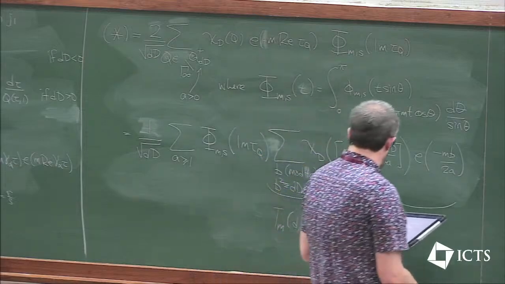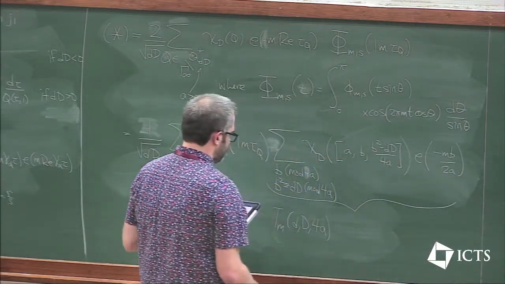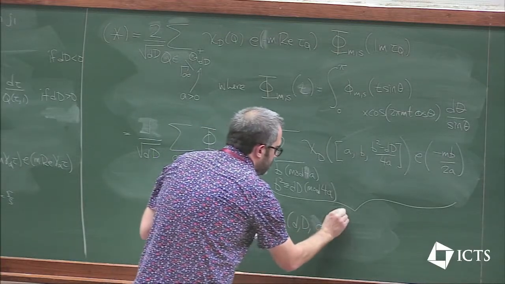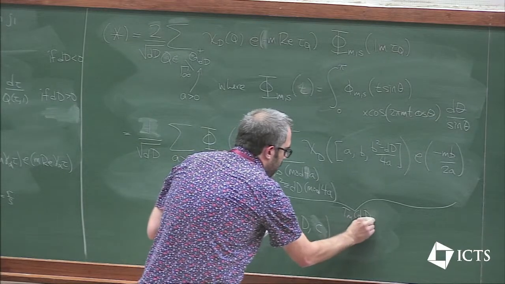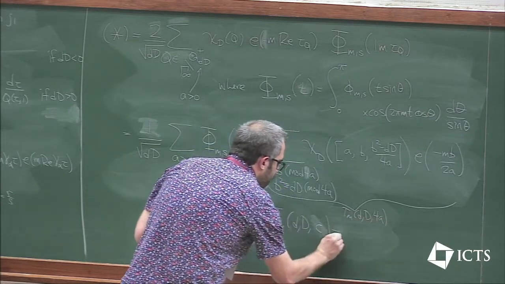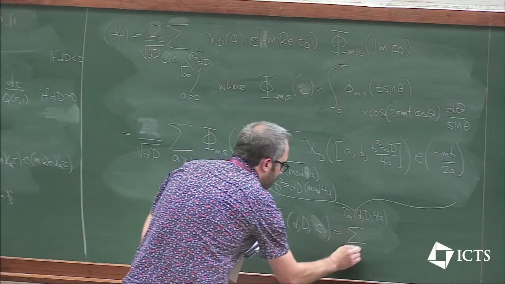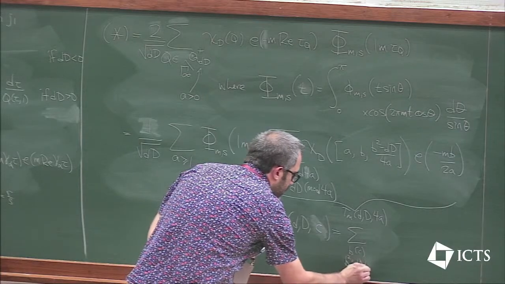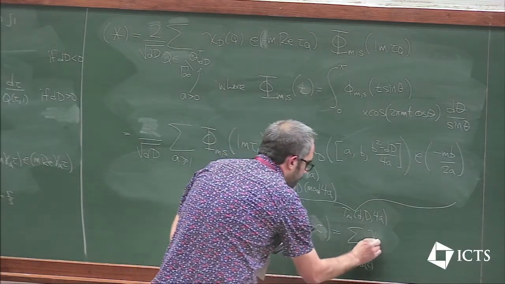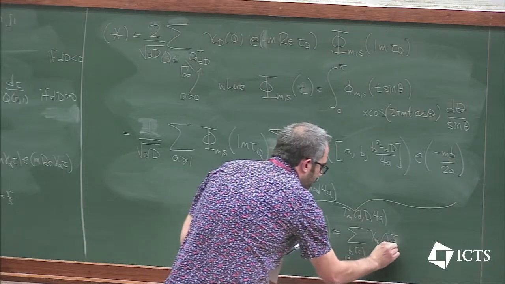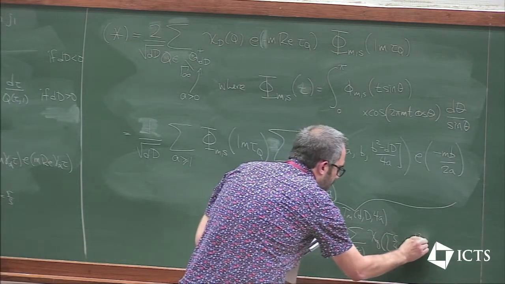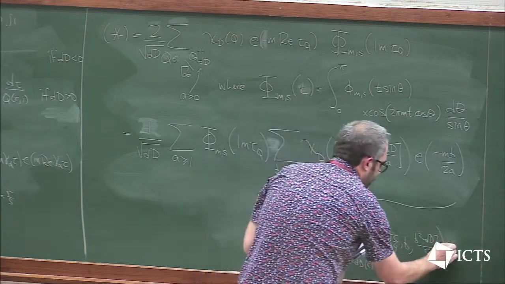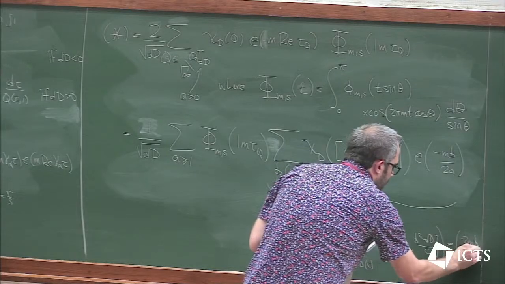Maybe I need to remind you. Let's see. I will write this with a C here, and I'll say this is T m little d big D of c, and the definition I'll remind you of is that this is the sum over b's mod c such that b squared is congruent to little d times big D mod c, of chi d of c over 4, b squared minus little d big D over c, and then e of minus 2mb over c.